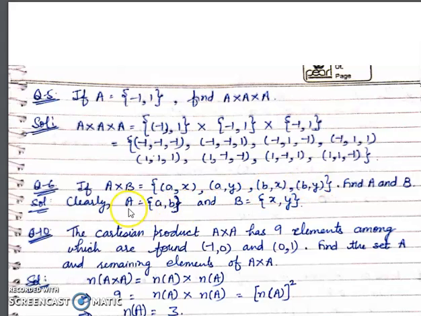So set A consists of 2 elements, a and b, and the second elements are x and y. So B is {x, y}, because these are the 4 elements and A has 2, B has 2, so 2 times 2. So clearly from this we observe that A and B are these elements. We continue in the second video.